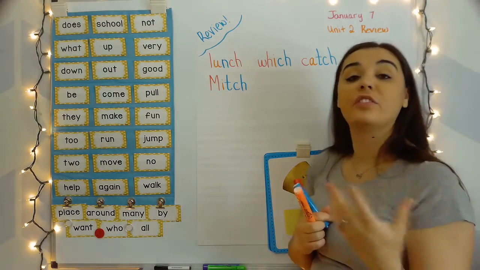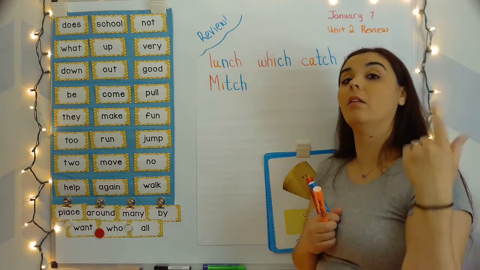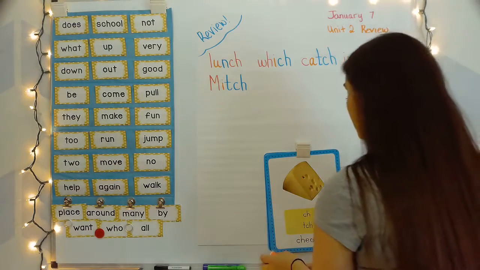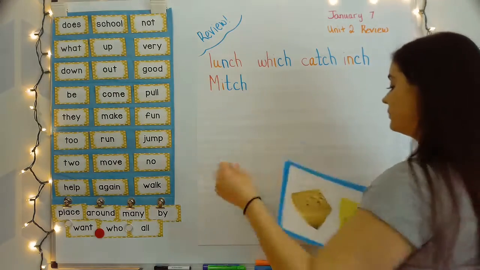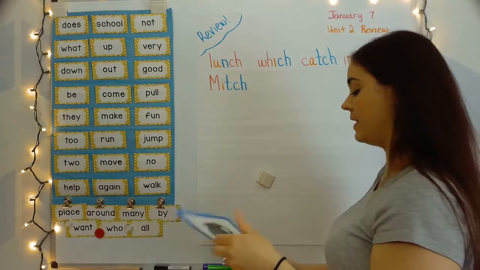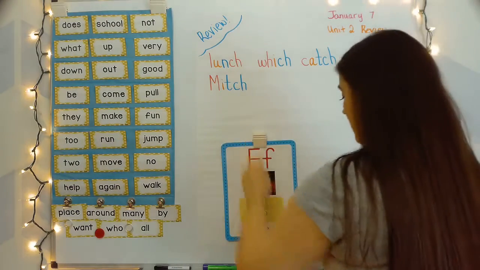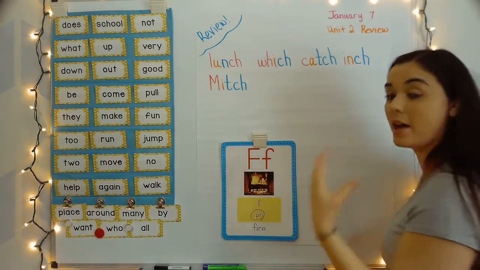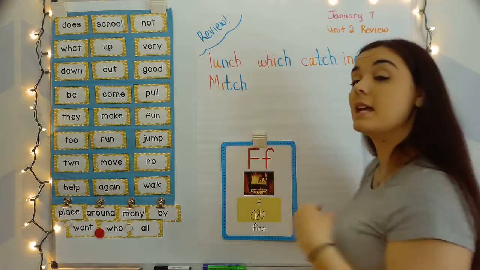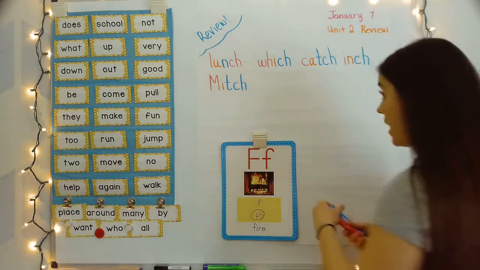Next word, fill. Your turn. Have that PH. Remember, PH, like the fire card, says the F sound. We know that F says F, so PH is just another way to spell that.